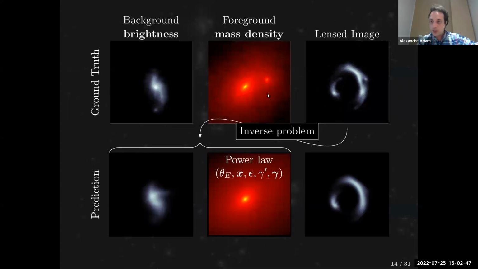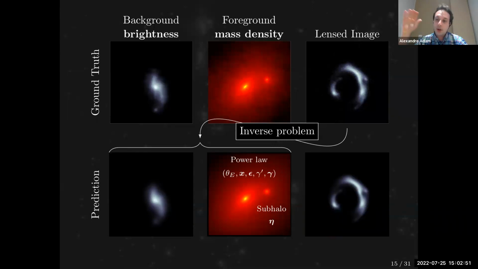So a human would have to come and say, well, I need to add parameters for the subhalo. Now the model has the flexibility, and if your inference algorithm is smart enough, it can figure out the position of the subhalo and correct this problem. And the source looks like the background that we had initially.